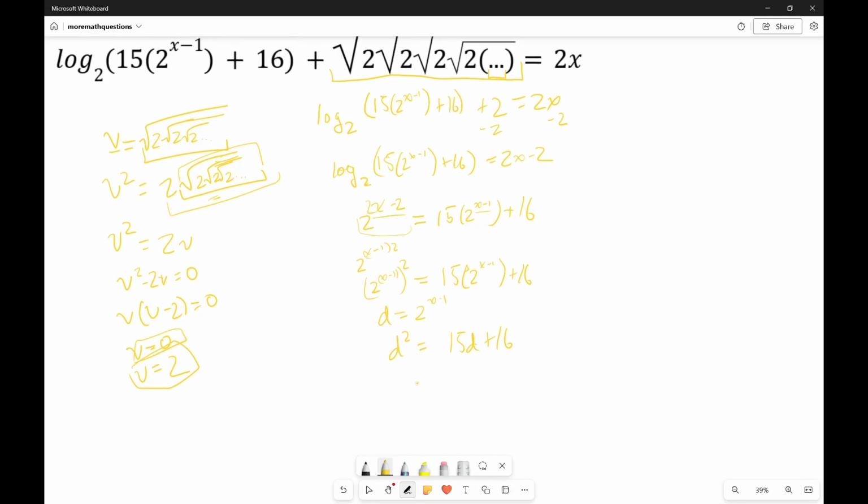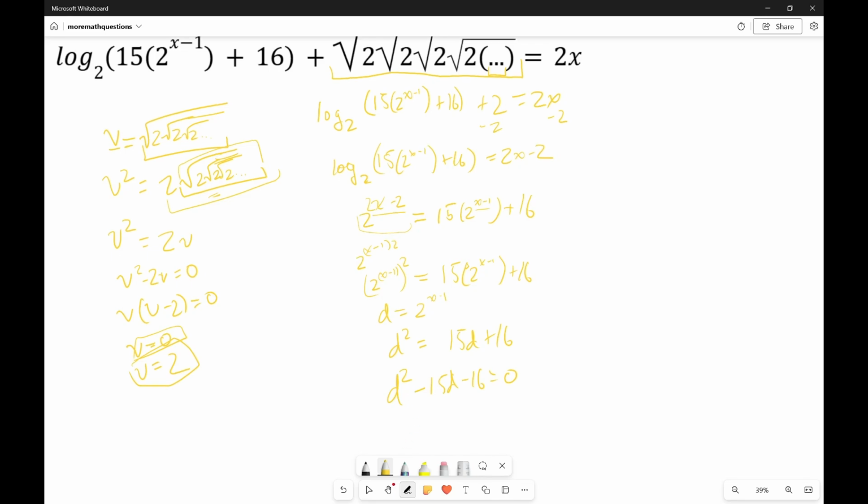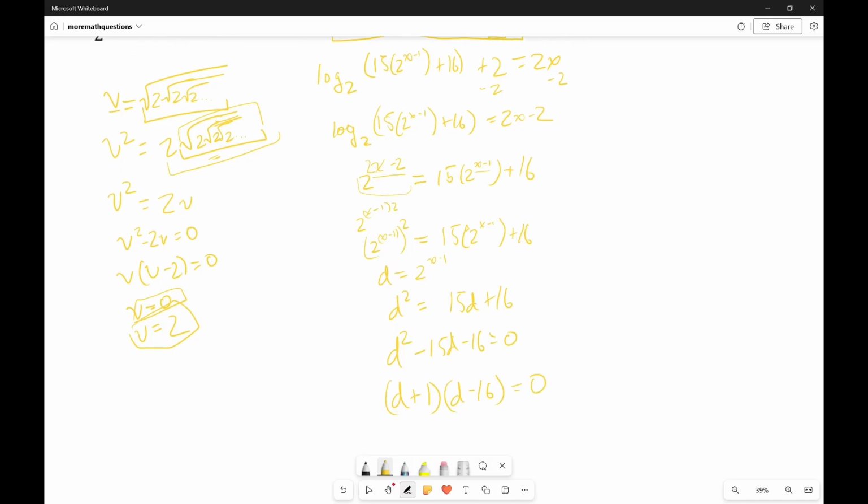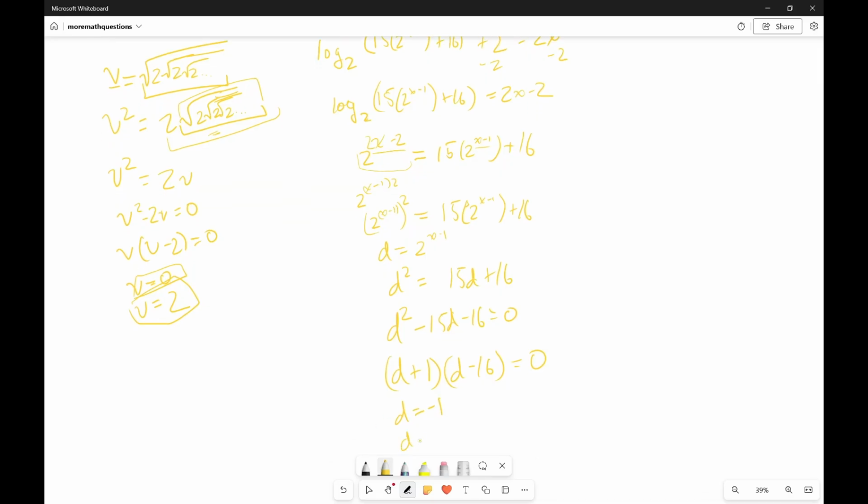Now we rearrange, and then we can factor, equals 0. If we factor, we can get d plus 1 and d minus 16 equals 0. And you can then say d either equals -1 or d equals 16.